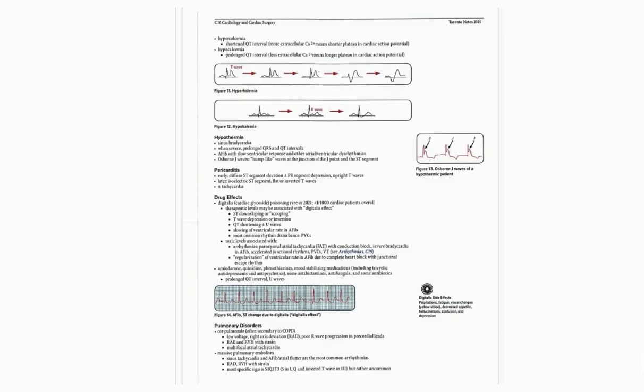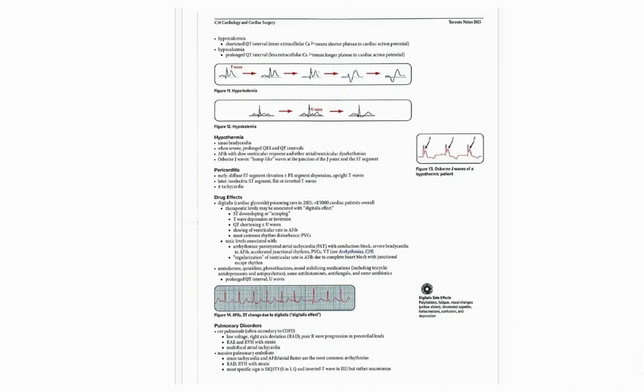The classic ECG finding is the Osborn wave, also called the J wave. This appears as a hump-like positive deflection at the junction between the QRS complex and the ST segment. Whenever you see a prominent J wave, always think of hypothermia.